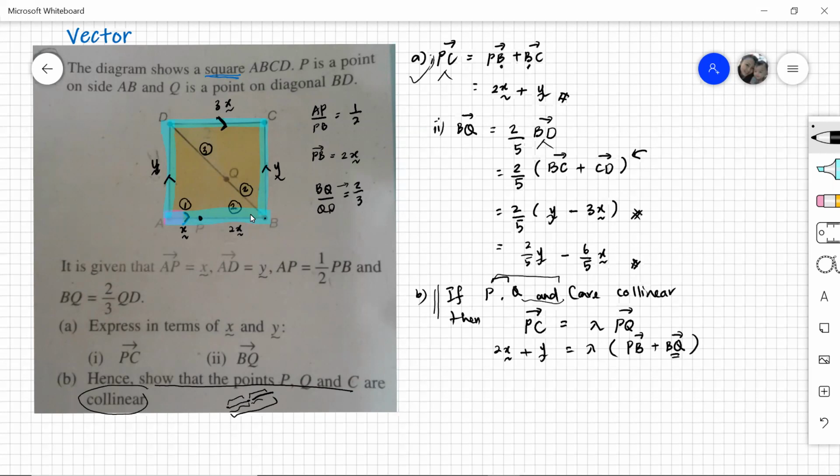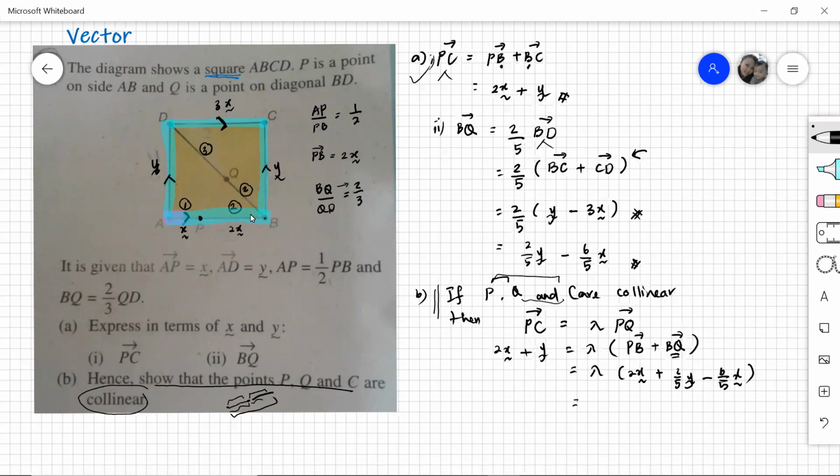So just put in lambda. P to B is 2x. BQ is 2 over 5 y minus 6 over 5 x.